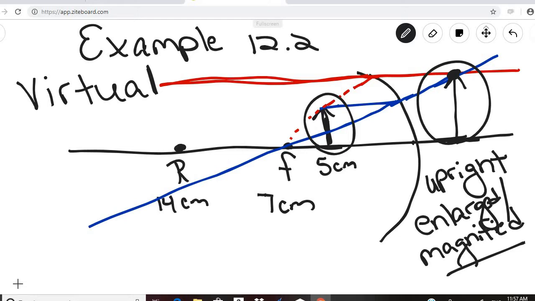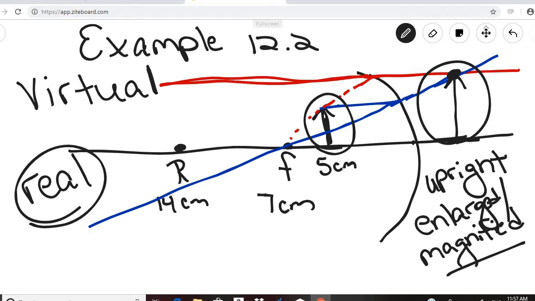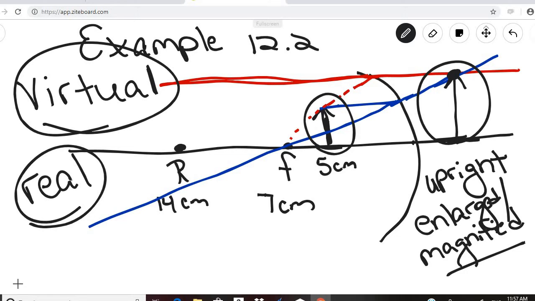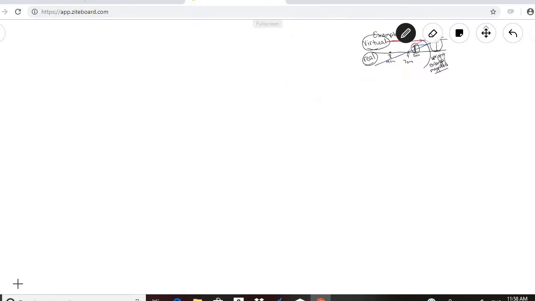The other one that we looked at, the first problem, where the lines actually do intersect in front of the mirror, that's called a real image. So a virtual image appears to come from behind the mirror, and a real image is where the lines intersect in front of the mirror, and we see the image from the inside of the mirror.